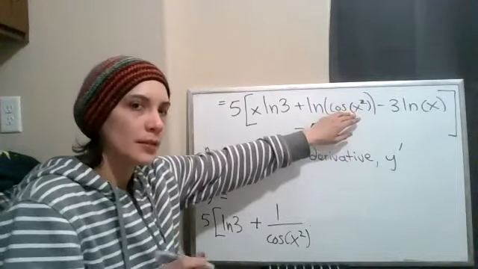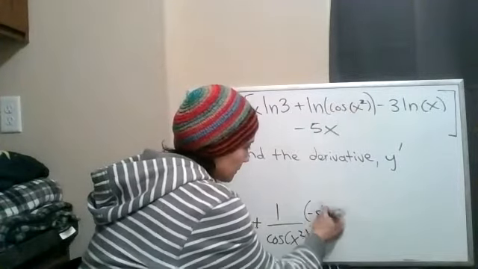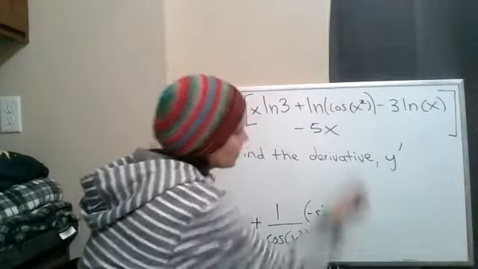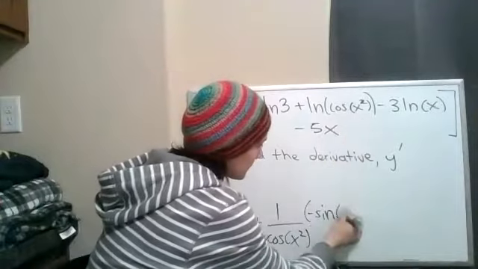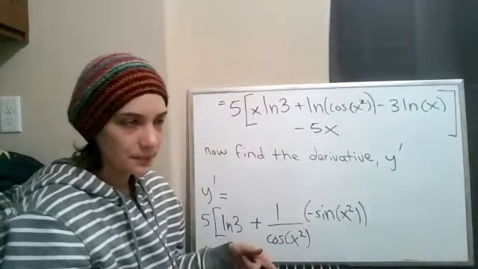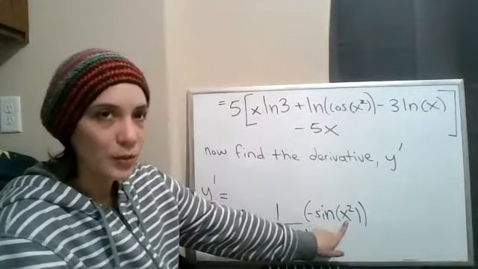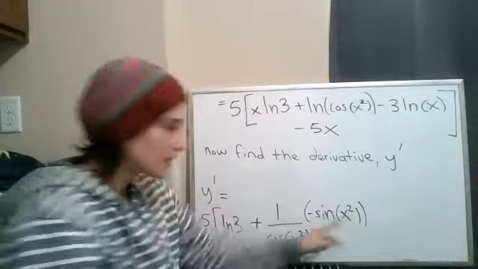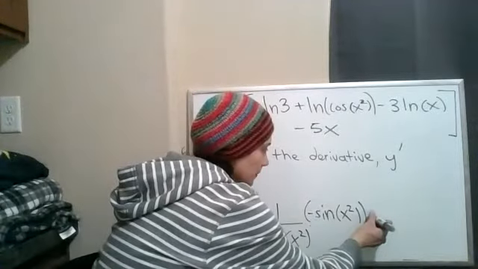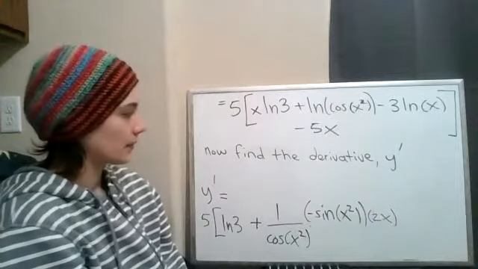Derivative of cosine will give you negative sine, and leave that x squared inside. Okay, and then the chain rule again. Take the derivative of what's inside of that. So multiply by 2x.